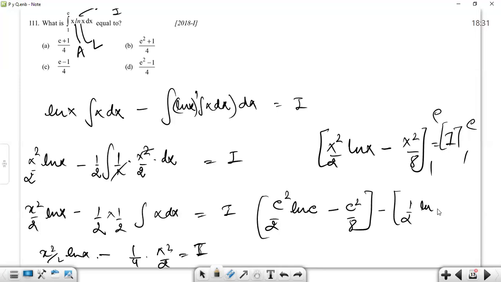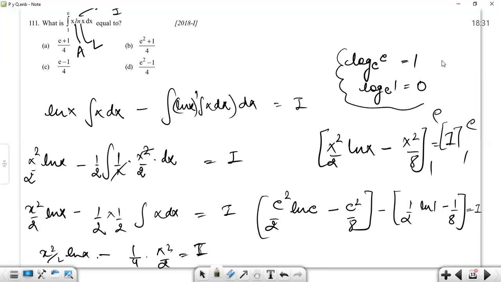Now please tell me what is logarithm of 1. So logarithm is what? Logarithm to the base e of e is 1. Logarithm of 1 to the base e is 0.